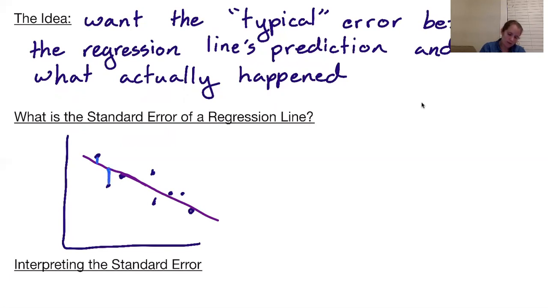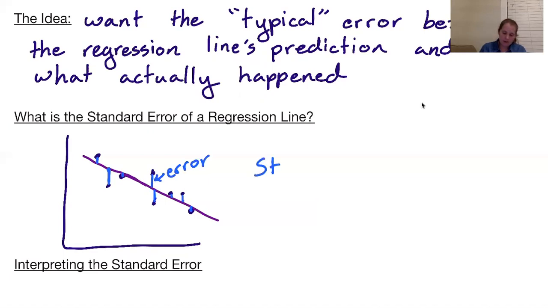So the distance from the line straight up or straight down to the point. These are all the errors. And we just want to find the standard deviation of those errors. So we would basically make a list of all the errors and then find the standard deviation. So each of these is an error, and we want the standard deviation.